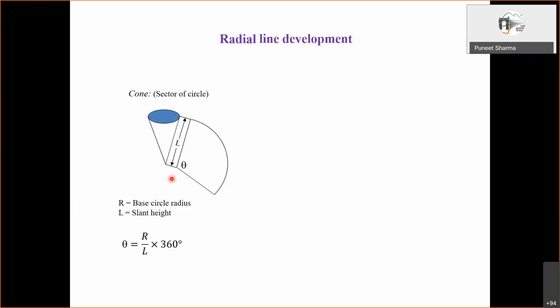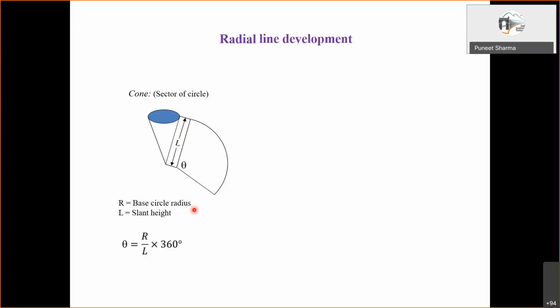Here, whatever slant height we have, with that much radius we'll have to draw the sector of a circle. In this, only the overall boundary lines of the sector of the circle after development are shown, right?